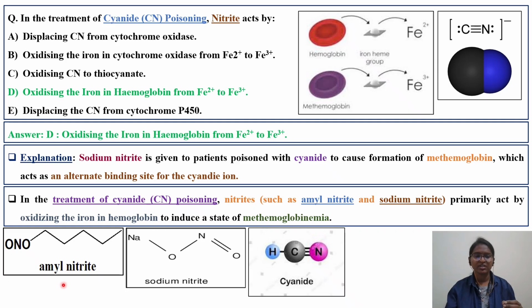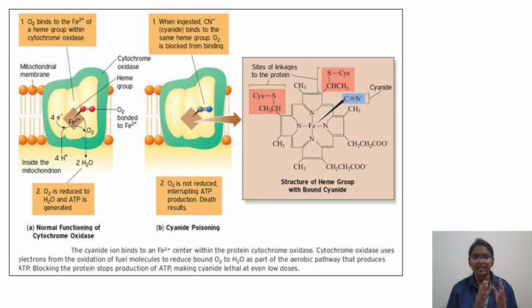This is a typical structure of amyl nitrite, sodium nitrite and cyanide. And cyanide is a neutral molecule, you have to understand. So the methemoglobin state is induced in your body whenever nitrites are administered as an antidote for cyanide poisoning.